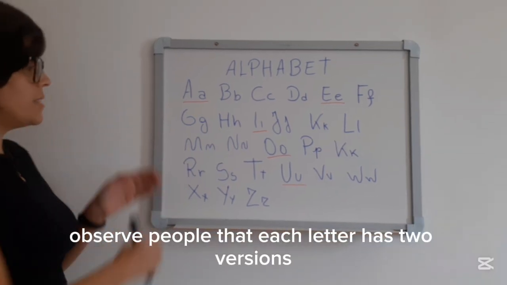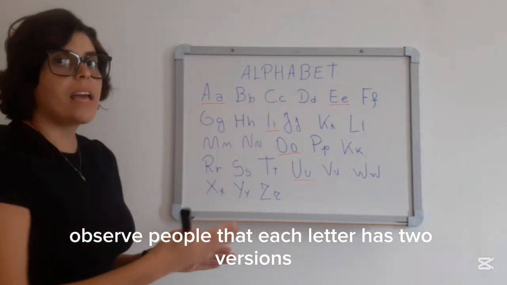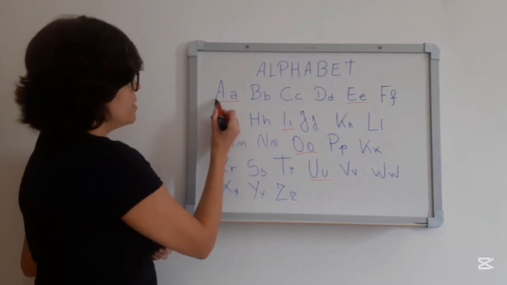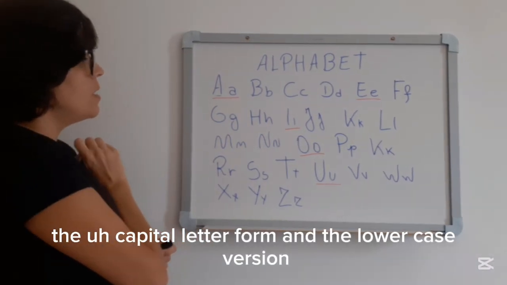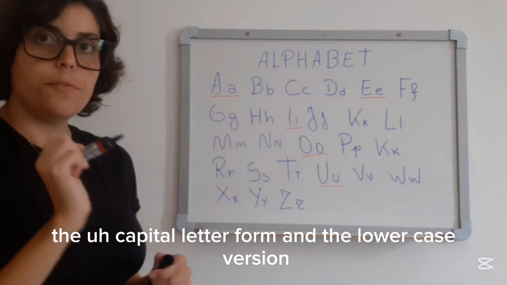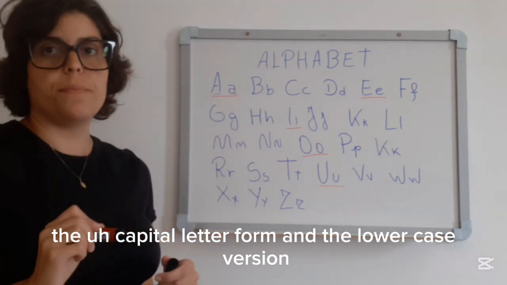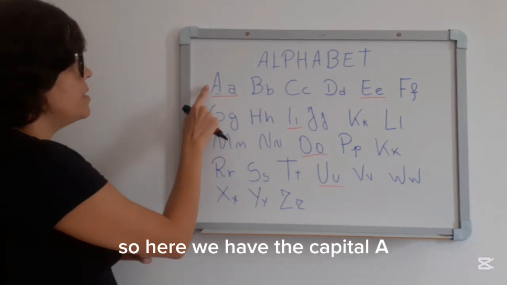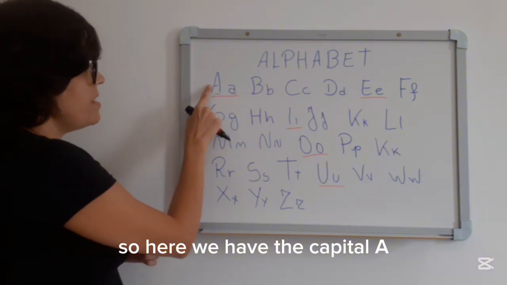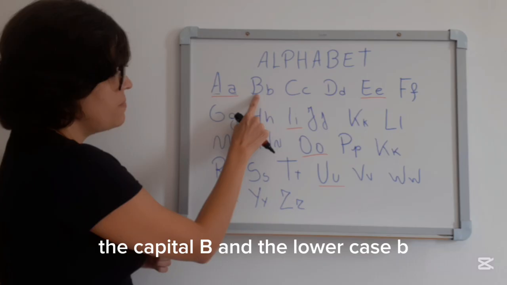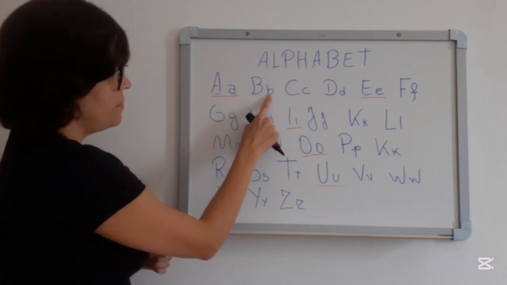Observe, people, that each letter has 2 versions. We have the capital letter form and the lowercase version. So here we have the capital A, the lowercase a, the capital B, and the lowercase b.